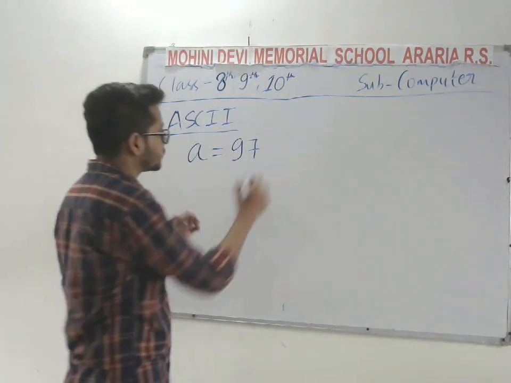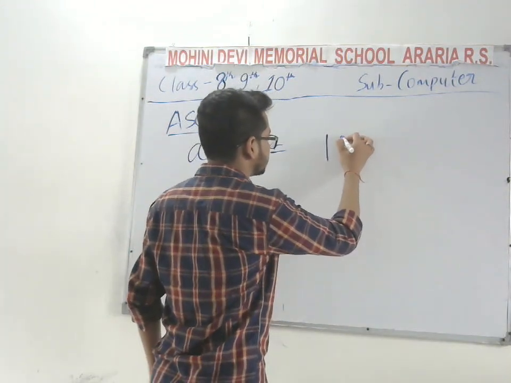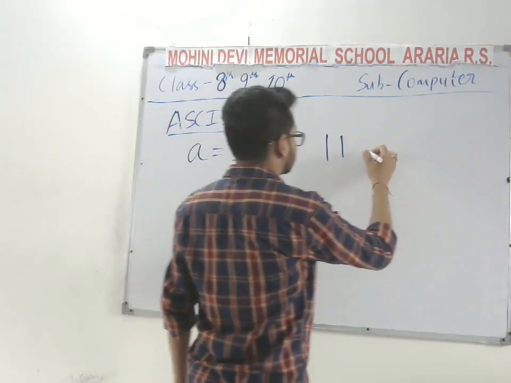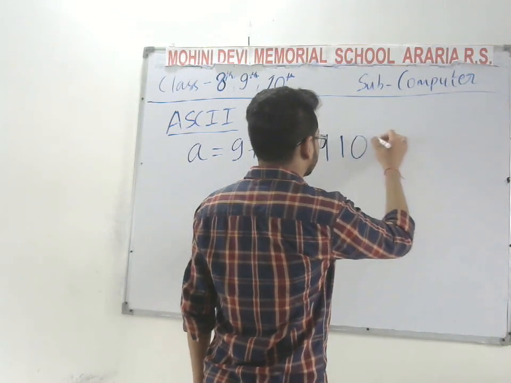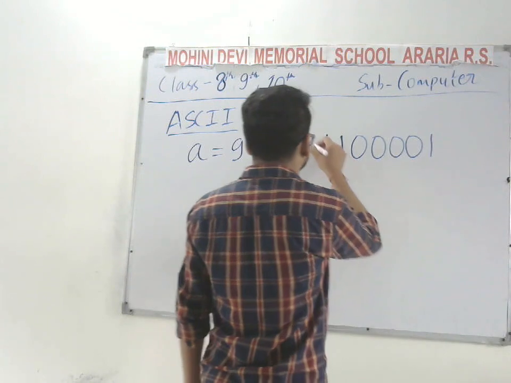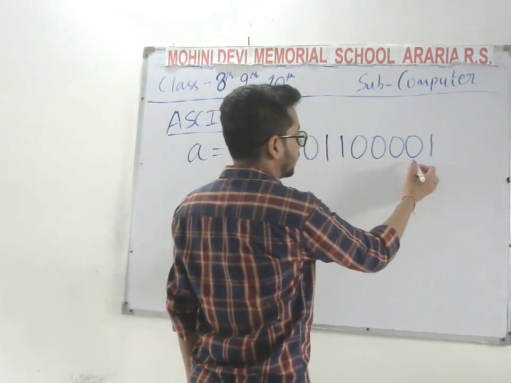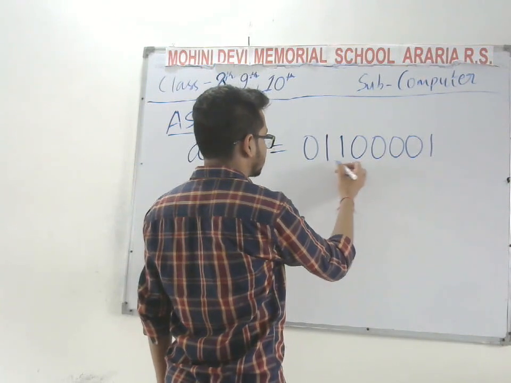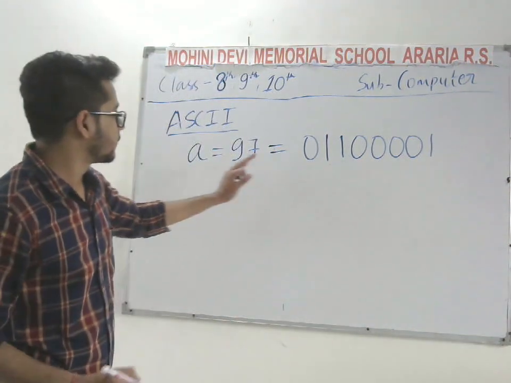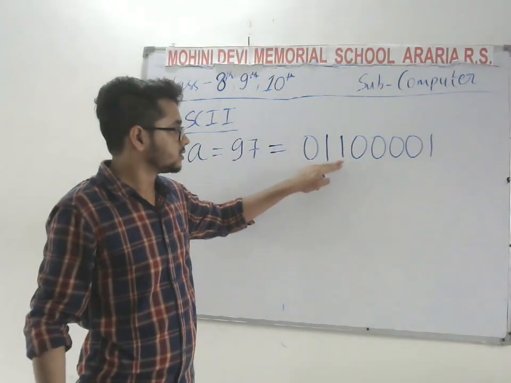So the binary conversion of 97 will be this.